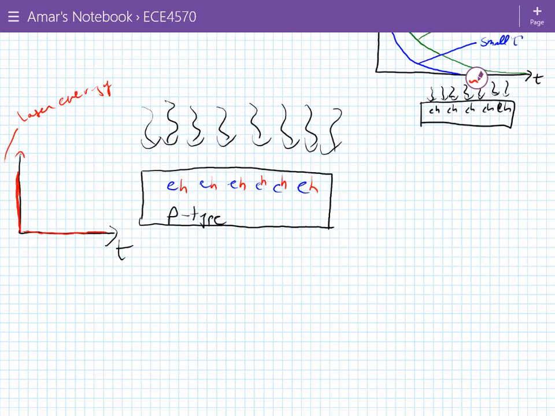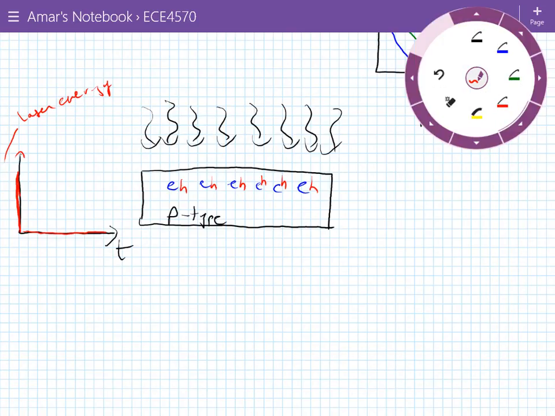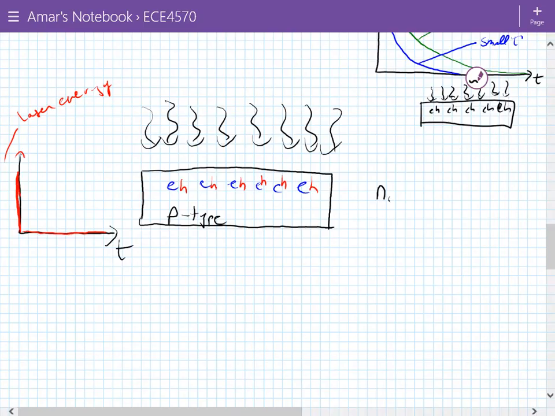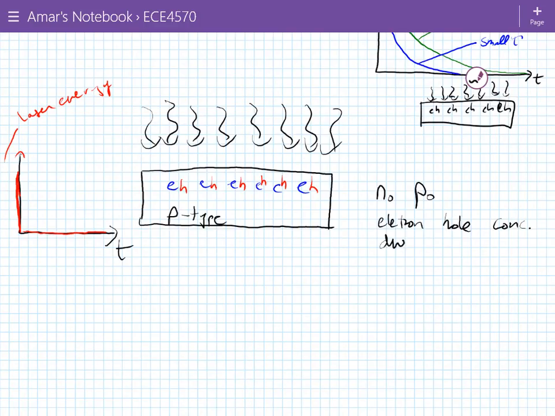Right, so just to make sure that we're all on the same page with regards to notation, n0 and p0 are the electron and hole concentration due to doping. That's not drawn in this diagram. That's the base amount of electron and hole concentration that you start off with.